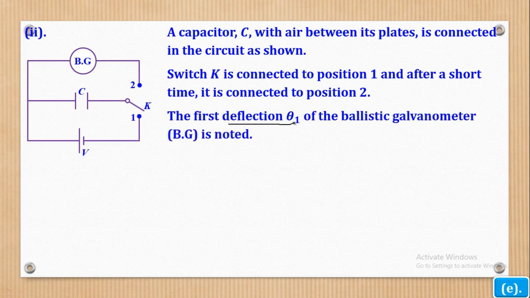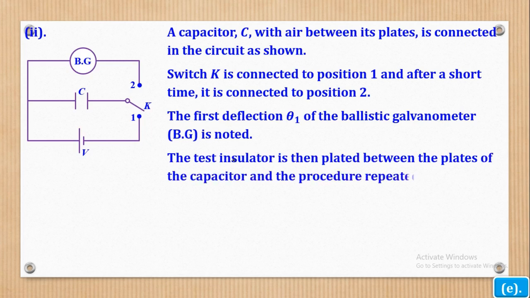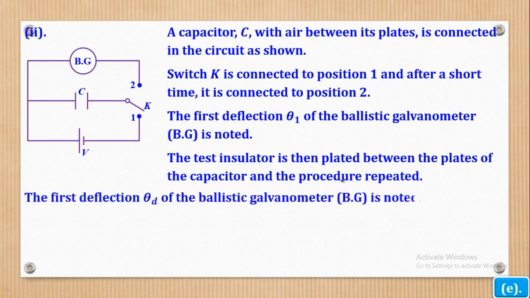The first deflection θ1 of the ballistic galvanometer is noted. The test insulator is then placed between the plates of the capacitor and the procedure is repeated. The first deflection θd of the ballistic galvanometer is noted.